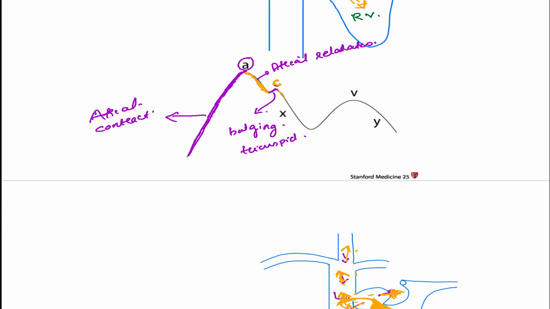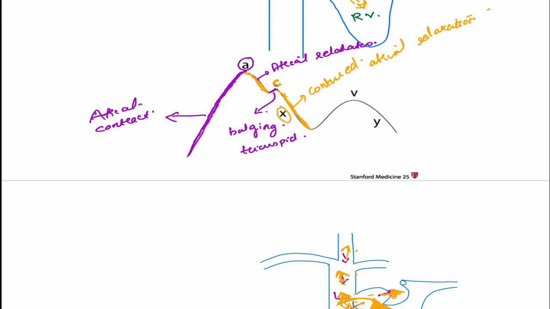Now there is a descent, there is a decrease in pressure because the atrium is still relaxing, so that is known as X descent, okay, which is due to continued atrial relaxation.